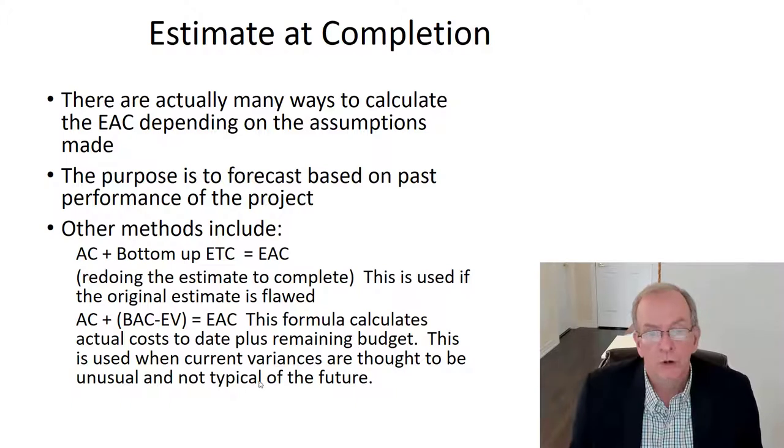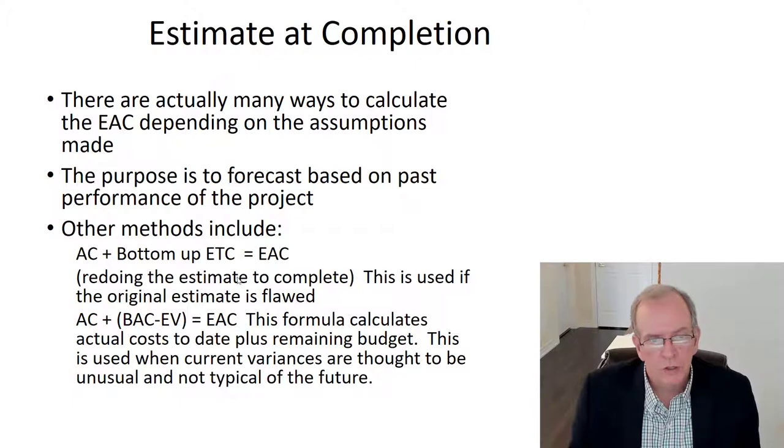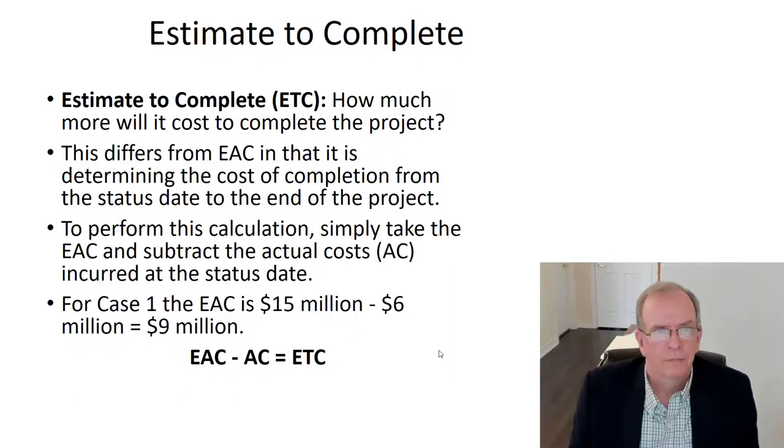This is used when the current variances are thought to be unusual and not typical of the future. So it gives you a different take on it. There are different ways that you can look at the estimate at completion. For our purposes, I think this is the easiest one to visualize when you're first starting out. And then when you get beyond that, you can start understanding these others.